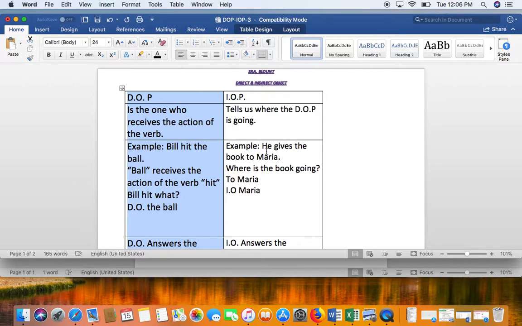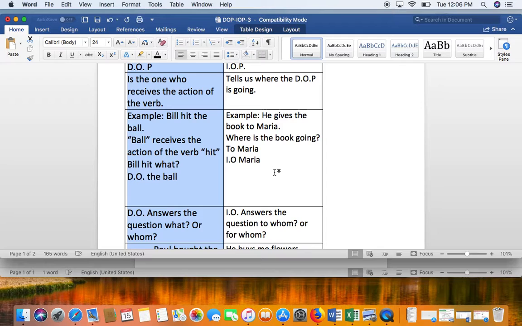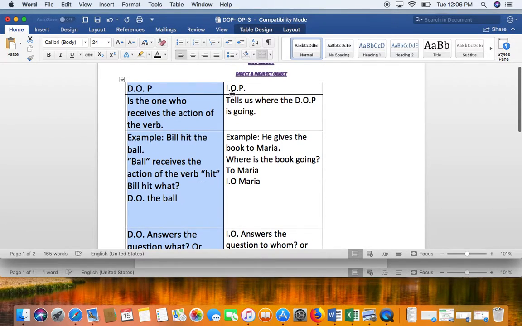For example, he gave the book to Maria. When you read this sentence, you might say, I don't know which one is the indirect object pronoun. In case you don't know, in your head, very quietly, you're going to ask these two questions: to whom or for whom. Whatever the answer is, that is the indirect object.